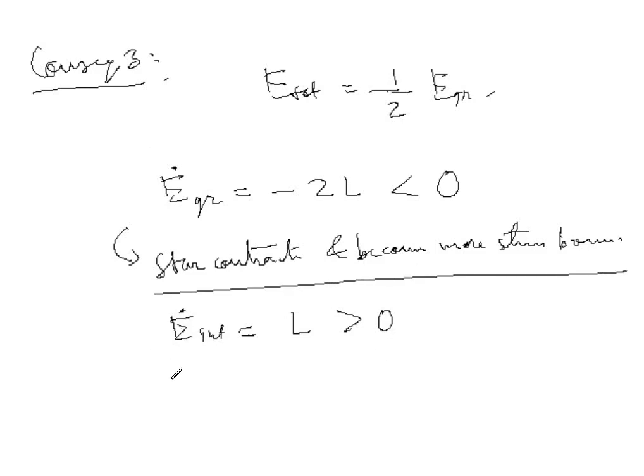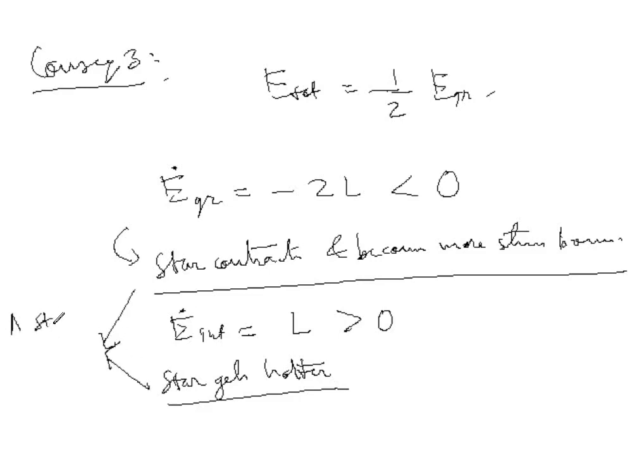However, this means that the star gets hotter, right? This is very unlike familiar objects which cool when they lose energy, and as a result of this, we can say that a star has negative heat capacity.